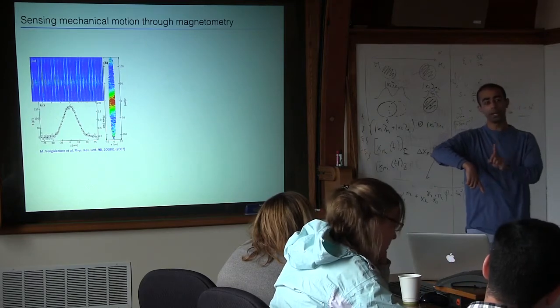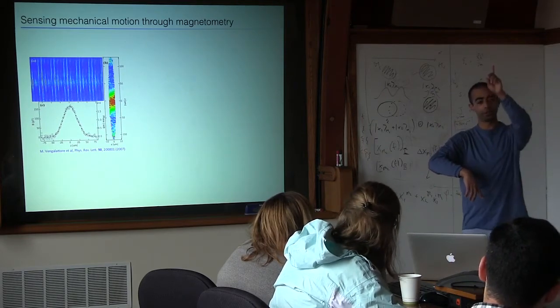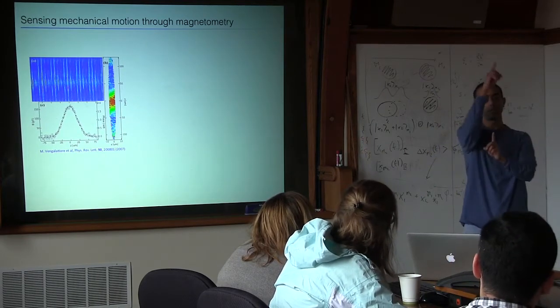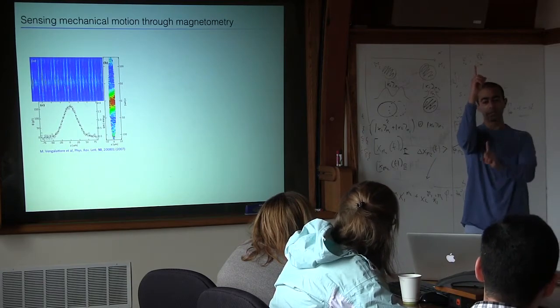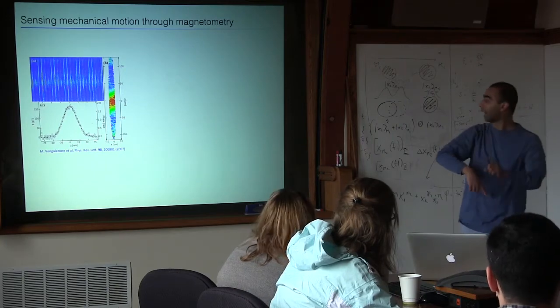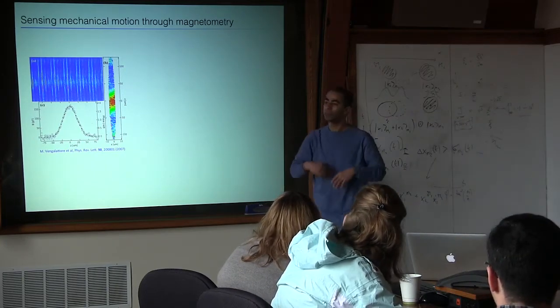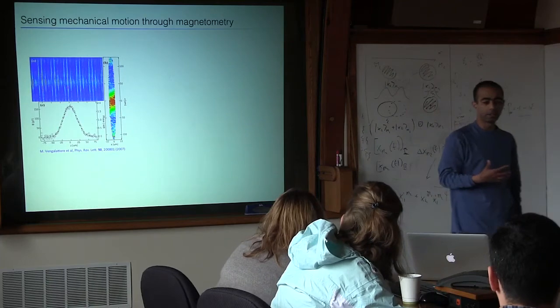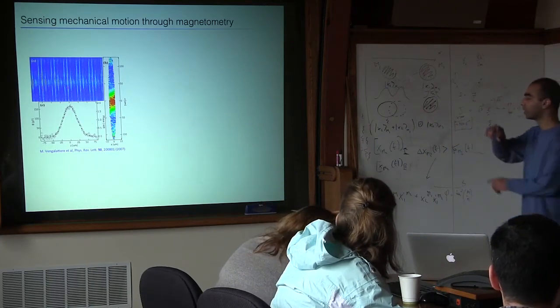Meaning that if I measure the phase shift imparted by the condensate to this probe beam, that phase shift is much larger when the spins are aligned with the k vector of the probe than when the spins are anti-aligned. And bright and dark here just reflects a measure of how large the phase shift is.